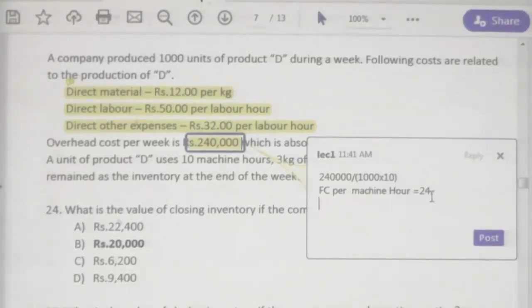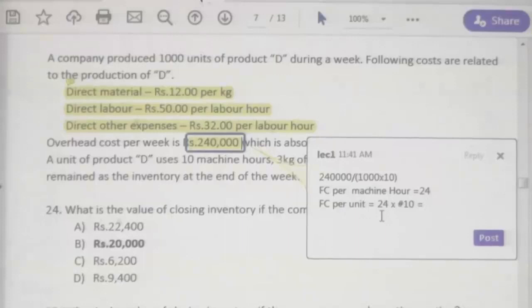Now what you have to do? You need to calculate fixed cost per unit. 10 machine hours are required per unit. Fixed cost is 24 rupees per machine hour, and you require 10 machine hours.